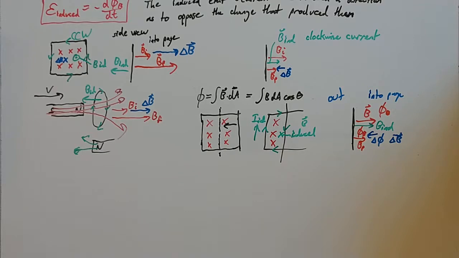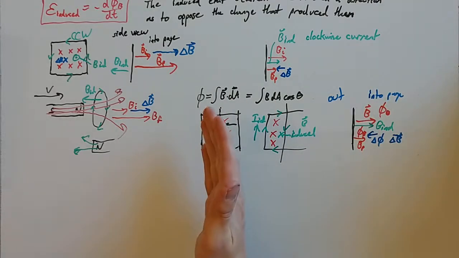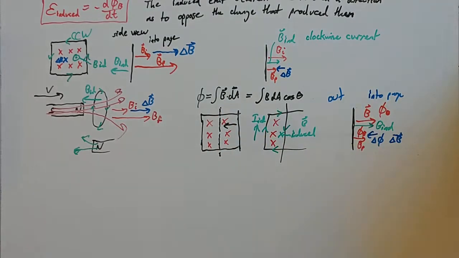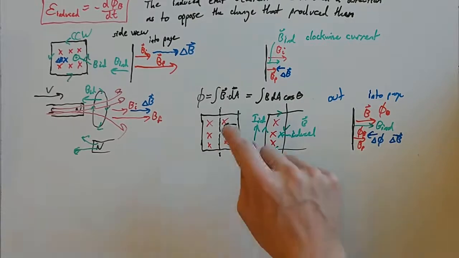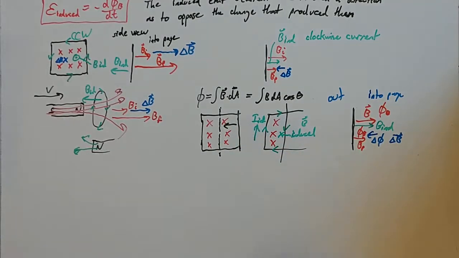So I'll go through those steps one more time here. What's going on, if I'm decreasing the area, that means I'm decreasing the amount of magnetic field going through. A decrease, we need to oppose the decrease. How do you oppose a decrease?